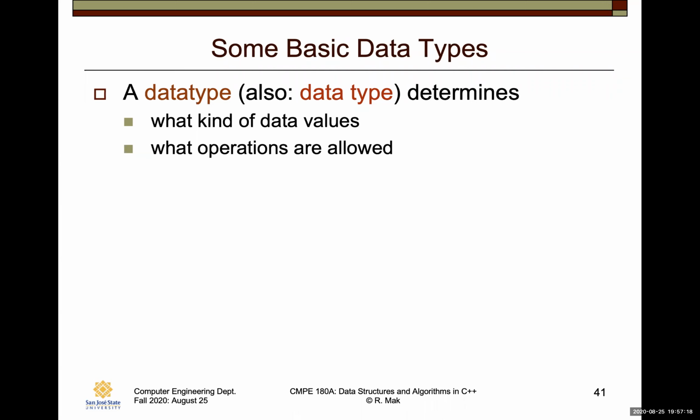So for instance, if I declare a variable n to be integer, that means when I run the program, it can have integer values: 3, -2, 5, and so forth. If I declare a variable x to be of type double, then it can have real values like 3.14 and so forth.